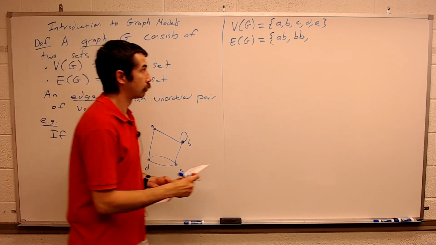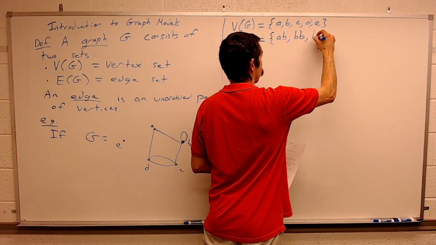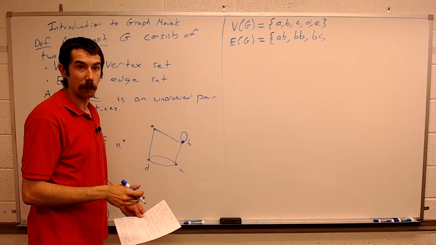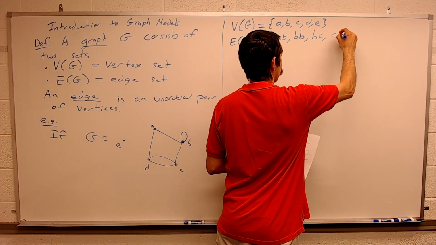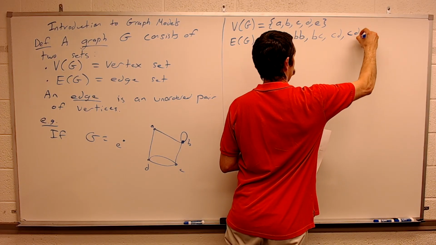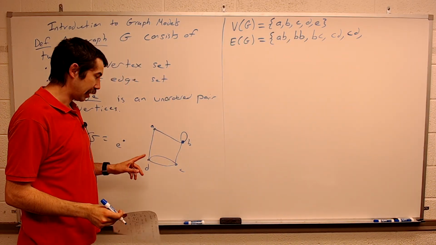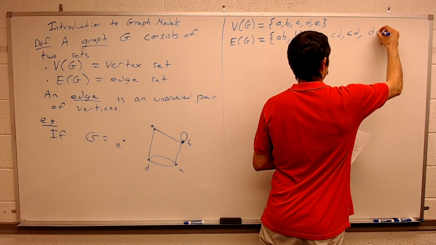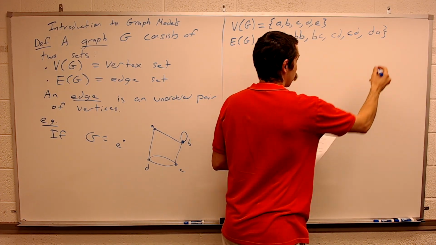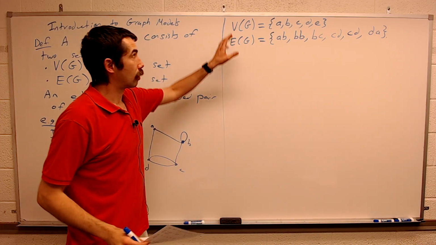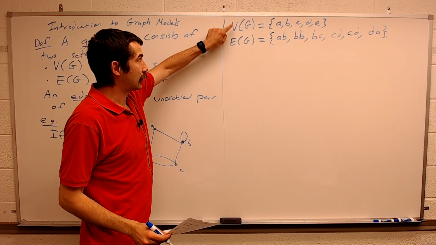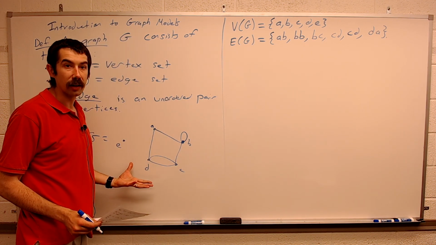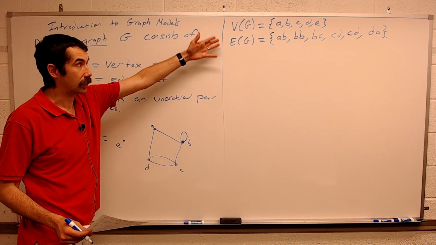BC. CD twice, so we'll list it twice. And then finally, DA. All right, so if we know the vertex set and the edge set, we could actually reconstruct our graph. So we don't even need the drawing if we know these two bits of information.